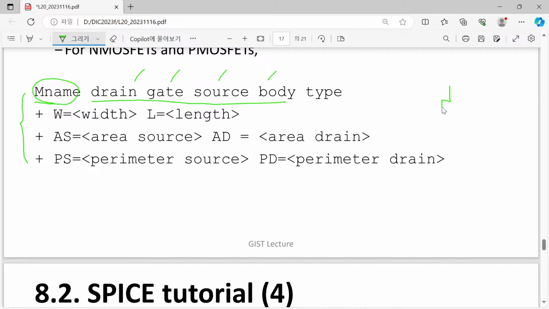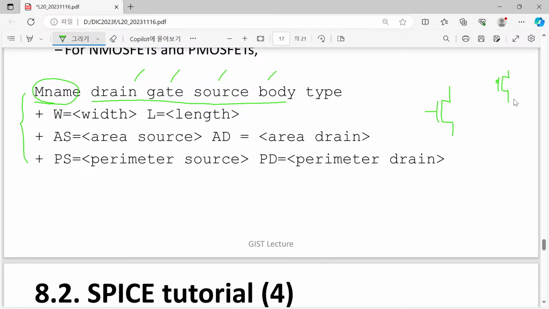This is the given order, so you cannot swap it, it is fixed by convention. So please understand this order: drain, gate, source, body. It is applicable even to our PMOSFET.